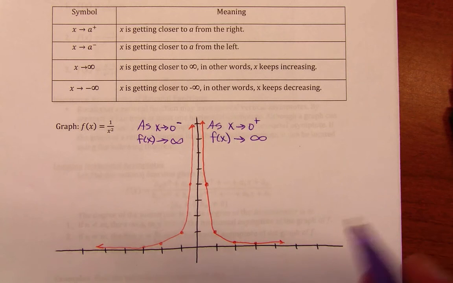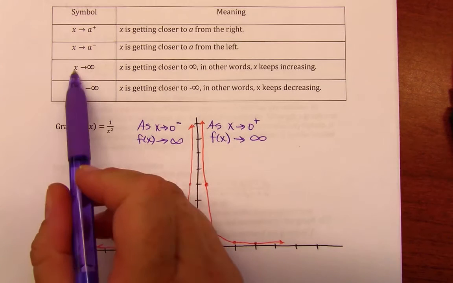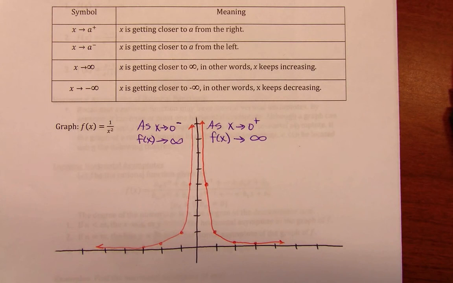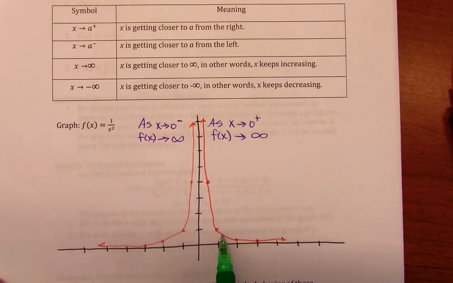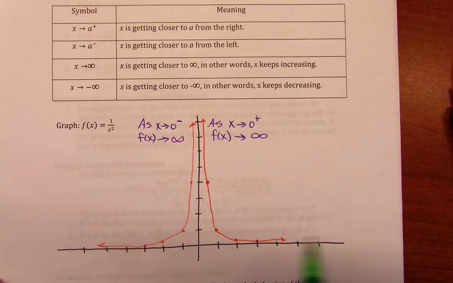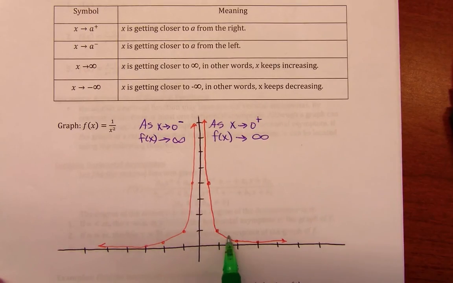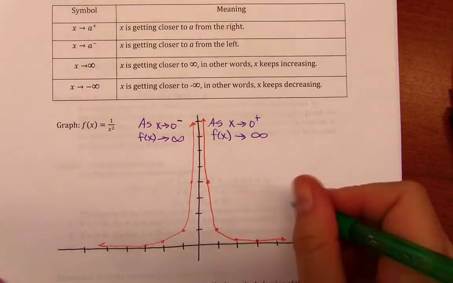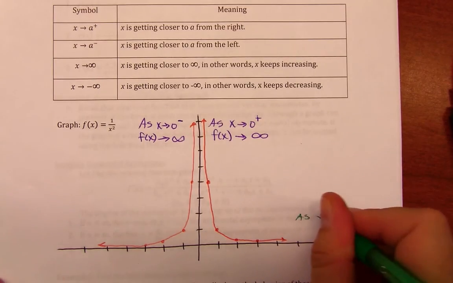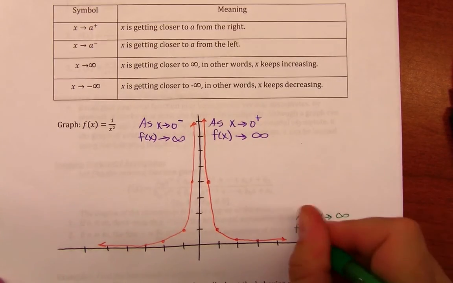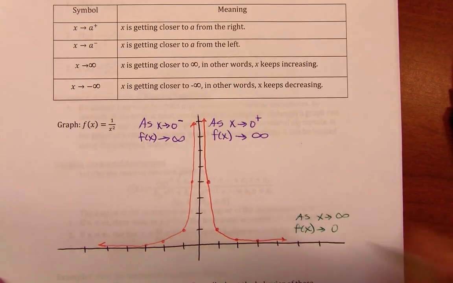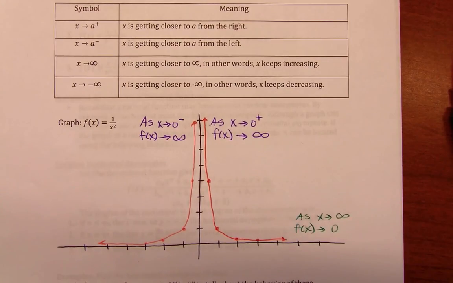Now we can also describe as x goes to infinity. So as x goes to infinity, my x values are getting bigger and bigger, my function, or f of x, is getting closer and closer to 0. So as x goes to infinity, f of x goes to 0.